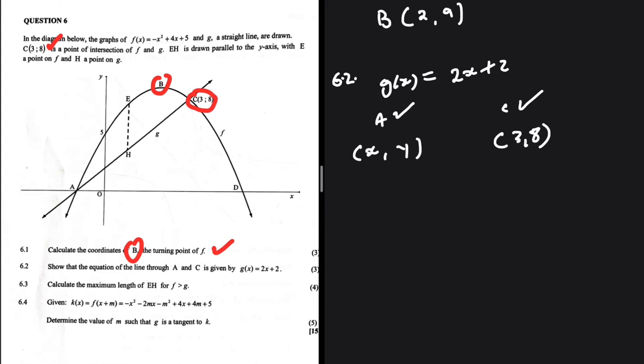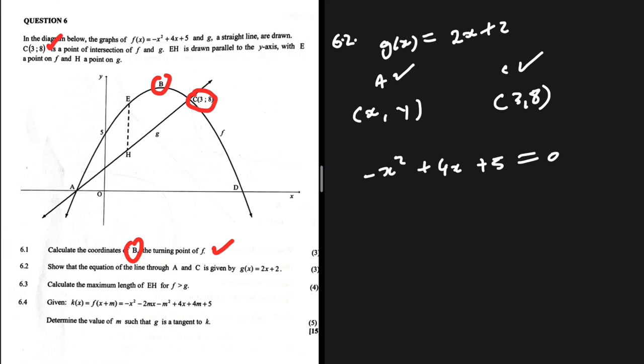But here I can see that if I let minus x squared plus 4x plus 5 be equal to 0, I can find the x value of A and the x value of D, and then substitute into f of x. Okay, so let's go ahead and see.